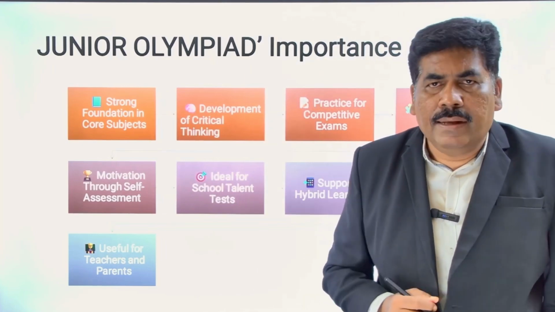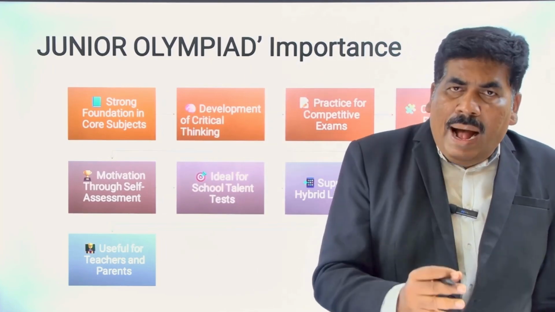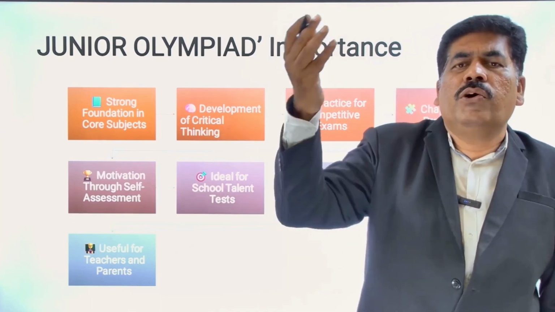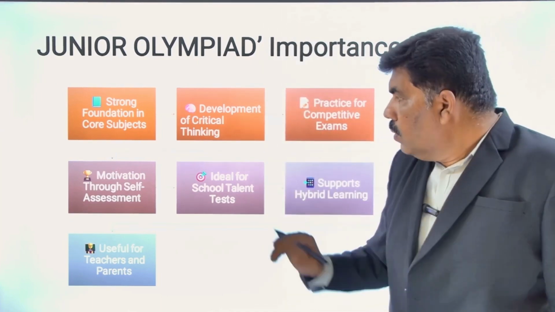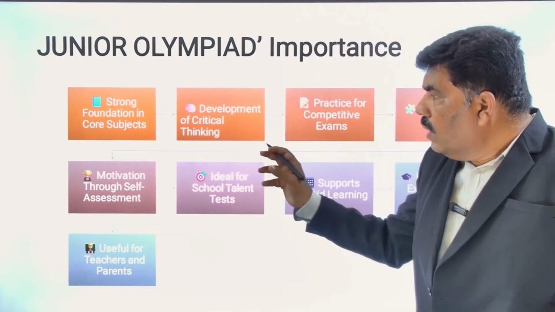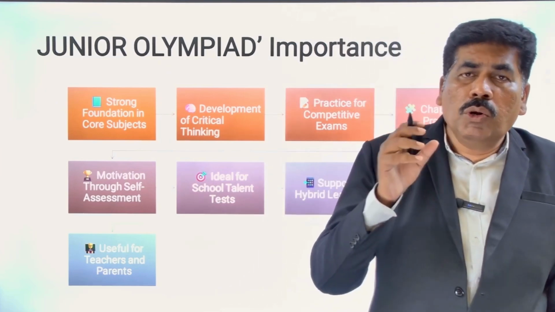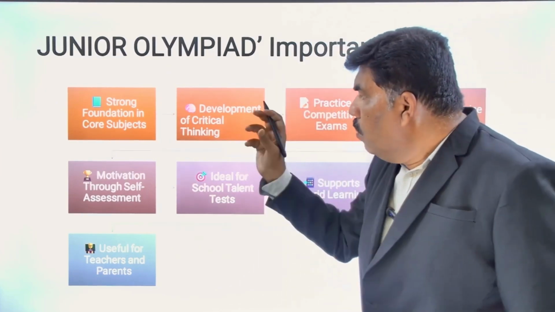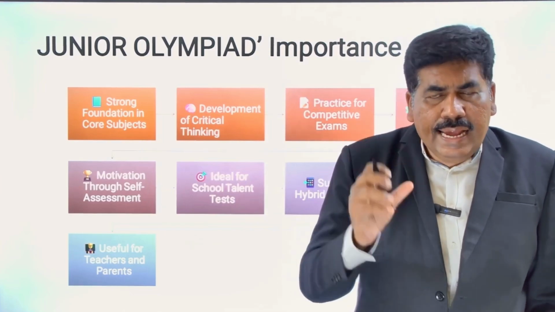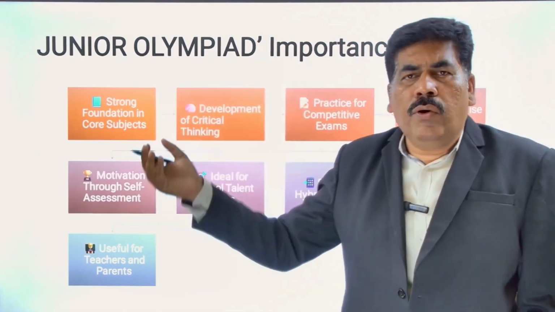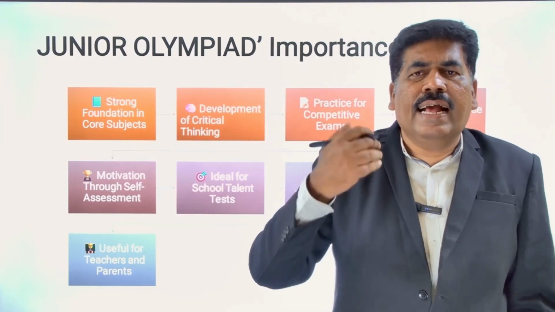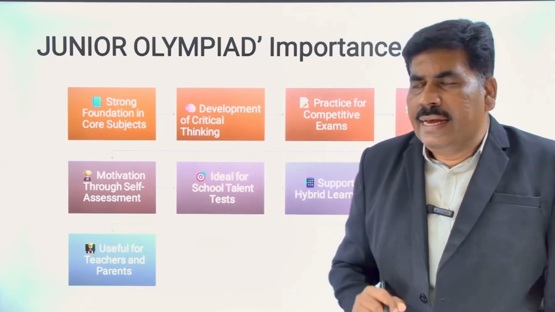As you all know, maths and science are very important in the future of any student, and reasoning is also very important. Our main intention is to give a strong foundation in maths, science, reasoning and English, so that after going to higher classes, while writing any competitive exam, they can face that exam easily.